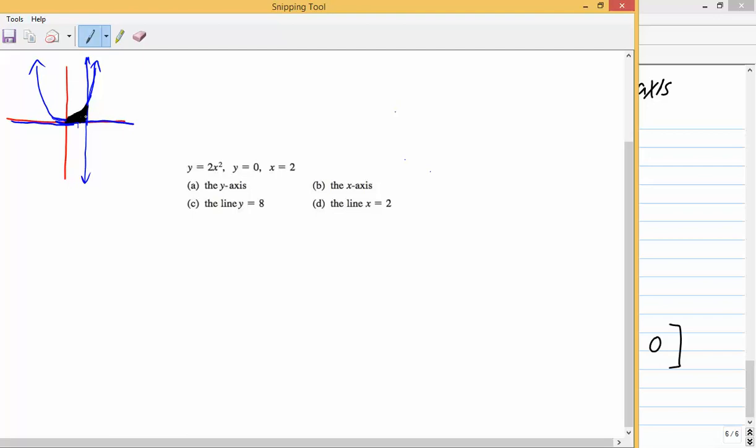And we're taking that and revolving it about a lot of different places. Revolving it about the y-axis, revolving it about the x-axis, revolving it about the line y equals 8, and revolving it about the line x equals 2.